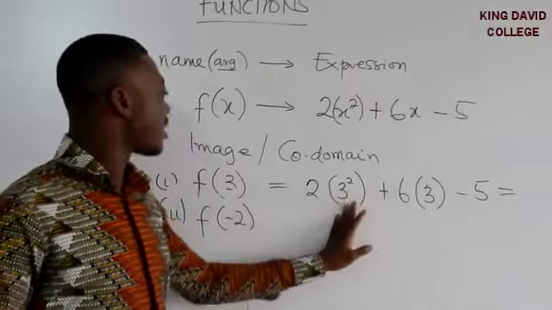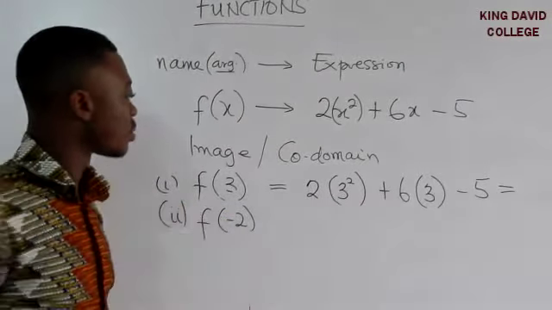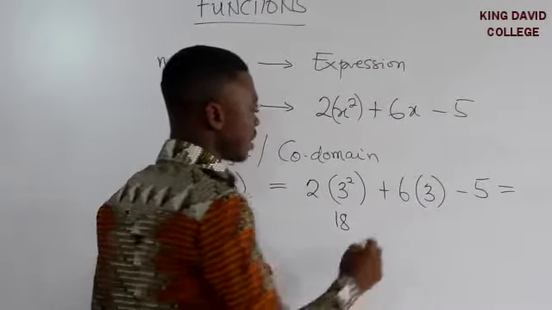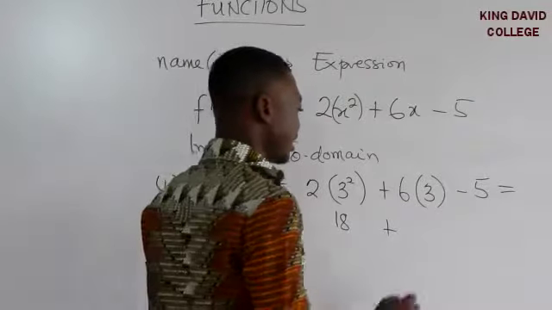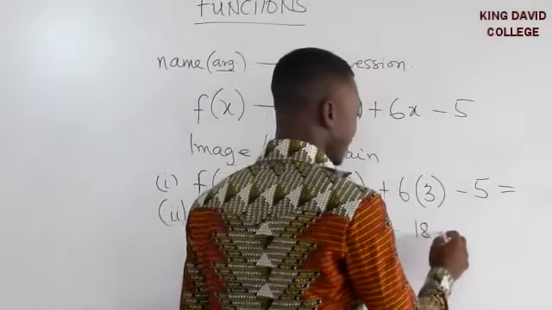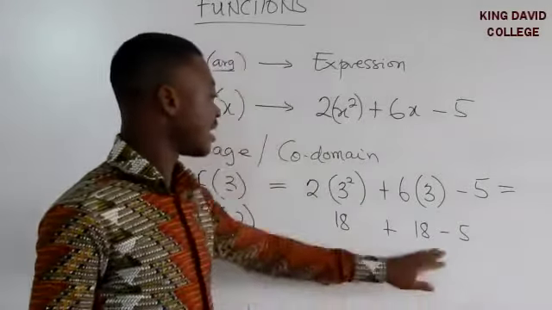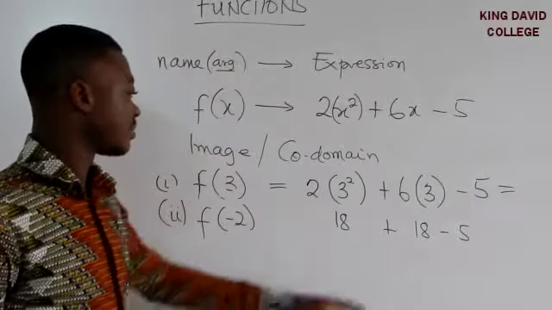Okay, so 3 squared will be 9. So 9 times 2 is going to be 18. So you have this side alone being 18. Then you have 6 times 3, which is equally 18. Then minus 5. Okay, so what's here? 18 minus 5 is going to be 13.